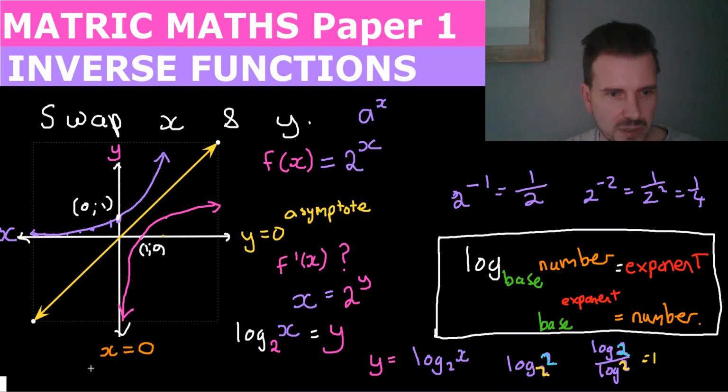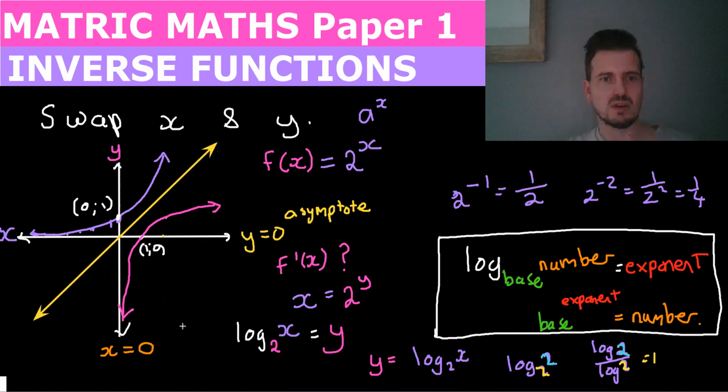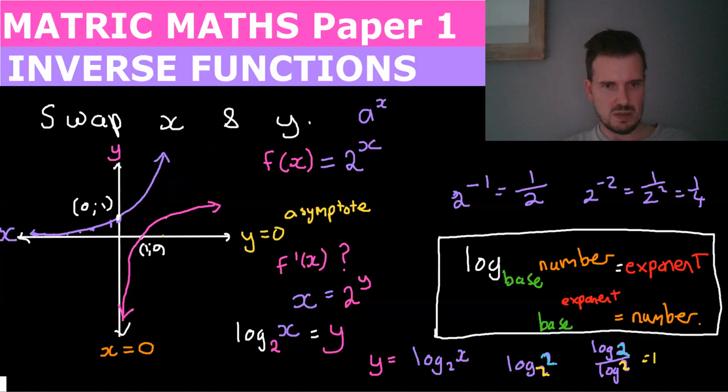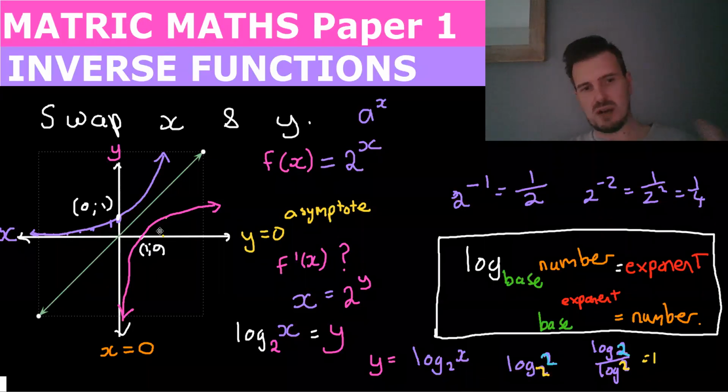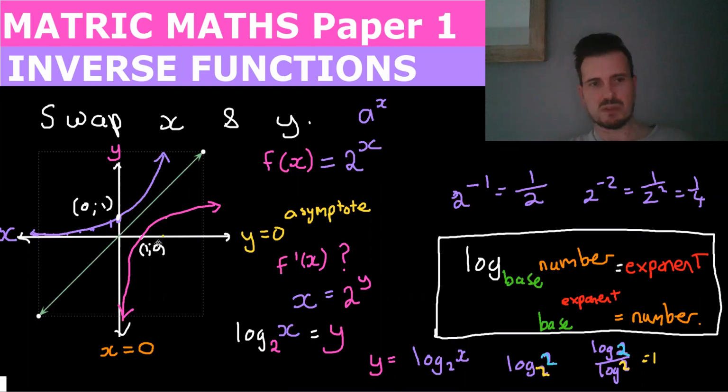Okay, so there's the line of y equals x. And we can see that the graph is flipped about that line of y equals x. So we can see how y and x were swapped.